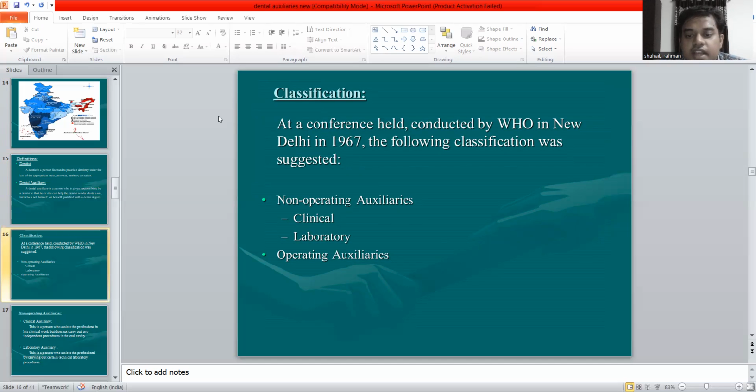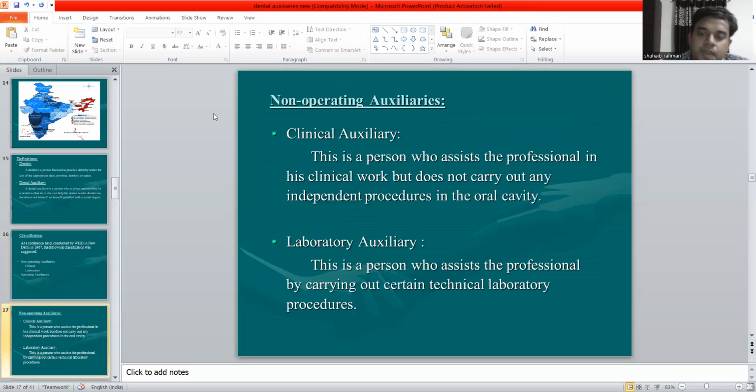Classification: at a conference conducted by WHO in New Delhi in 1967, the following classification was suggested. That is non-operating auxiliaries, which are clinical and laboratory, and then operating auxiliaries. A clinical auxiliary is a person who assists the professional in his clinical work but does not carry out any independent procedure in the oral cavity.